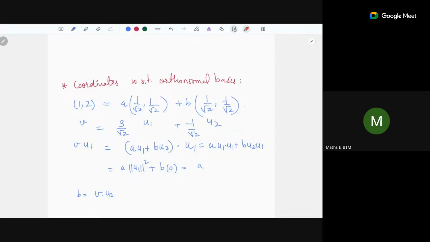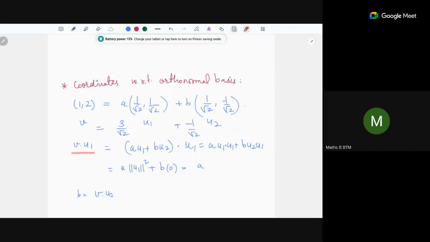Now you need to do the computation here. I haven't done the computation. I've proved that the first coefficient is going to be v dot u1, the dot product of u1 with v. The second coefficient is going to be the dot product of v with u2. Now you do the computation.